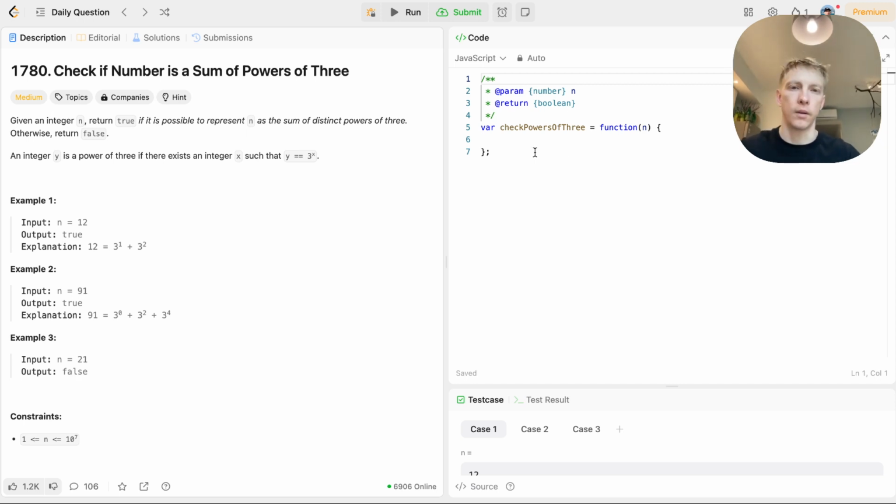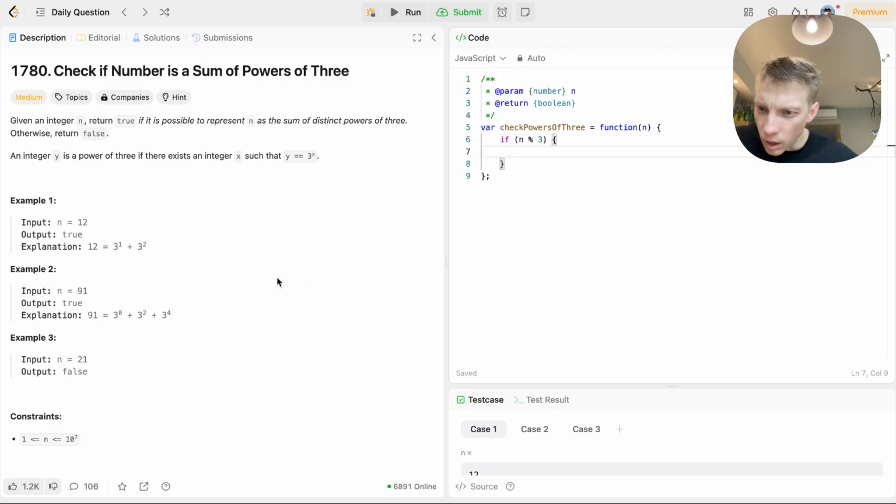So let's try. We can use 0 degree, so every integer is acceptable.